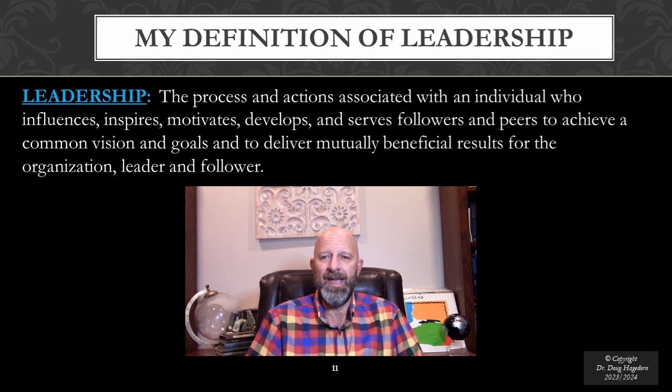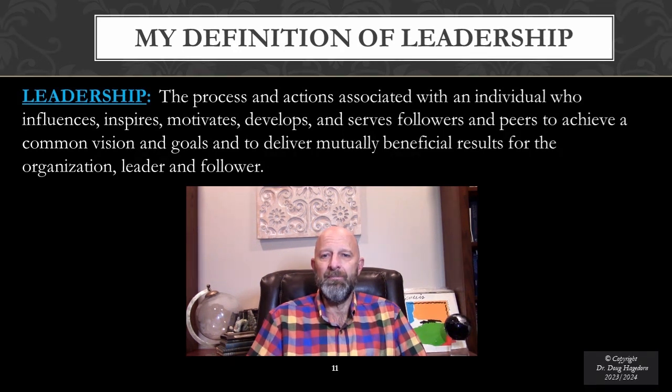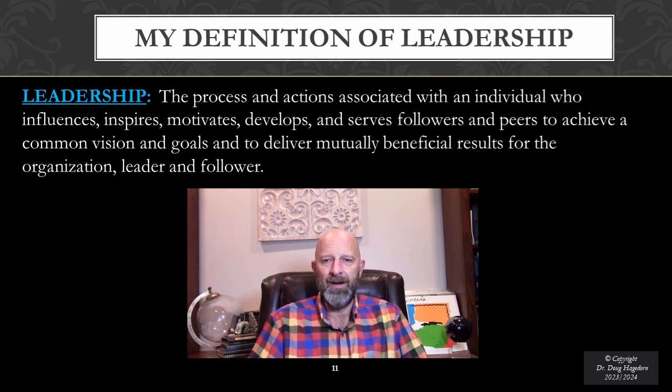You could say teammates. And what are we trying to achieve? I said a common vision, goals, and to deliver mutually beneficial results. I love the symbiotic, reciprocal approach that we talked about. And so again, the benefits can be for an organization, a leader, or a follower. So I included all three of those.